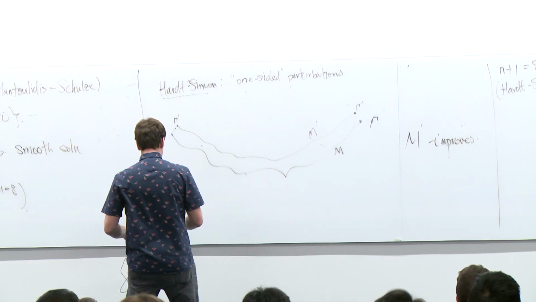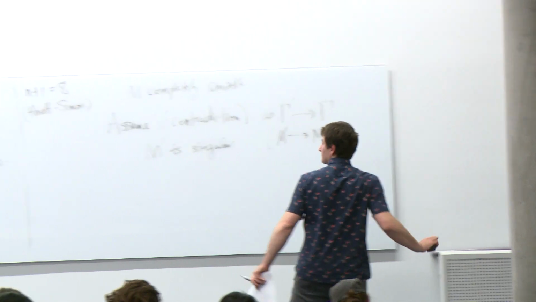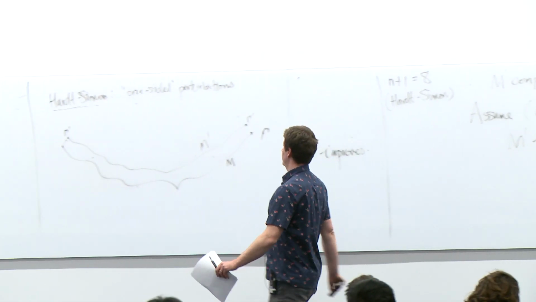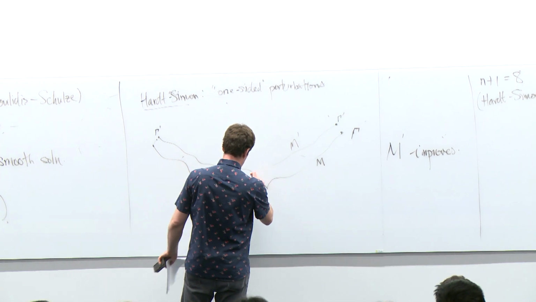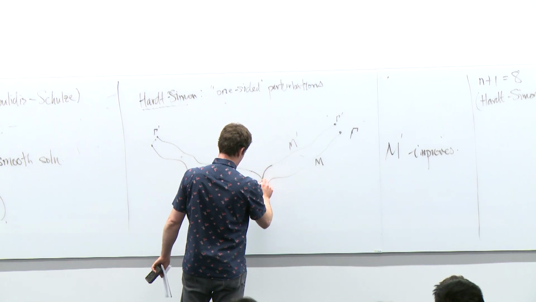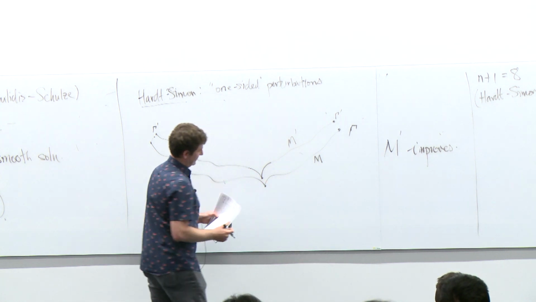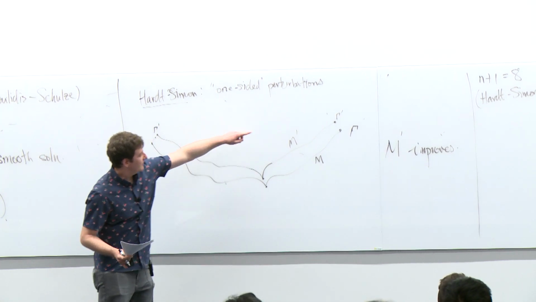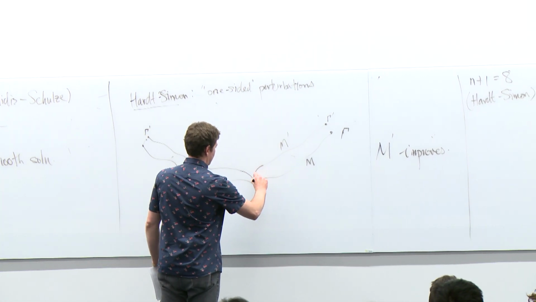Okay, so let me modify my picture. All right, so here's my picture. And so M prime is supposed to be having a singularity here. Let's call this X prime. Okay.